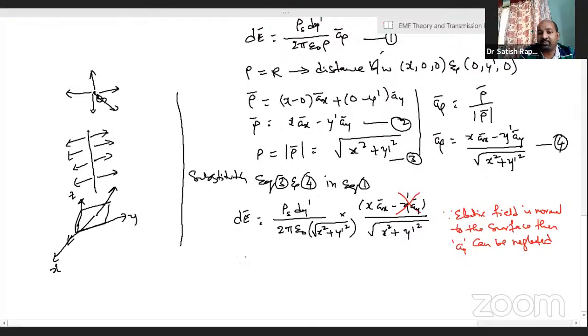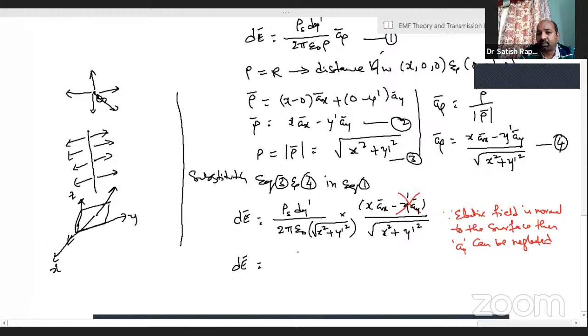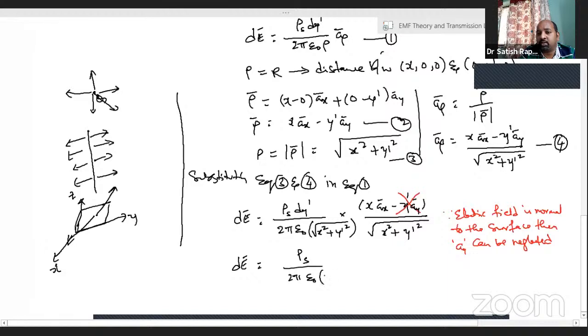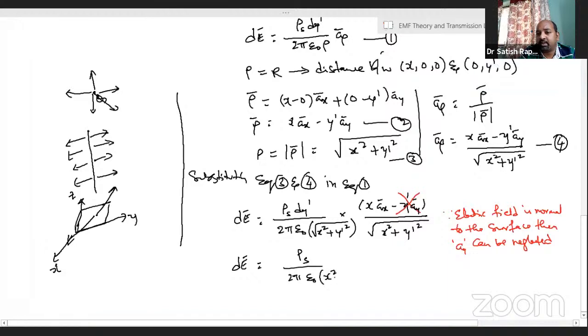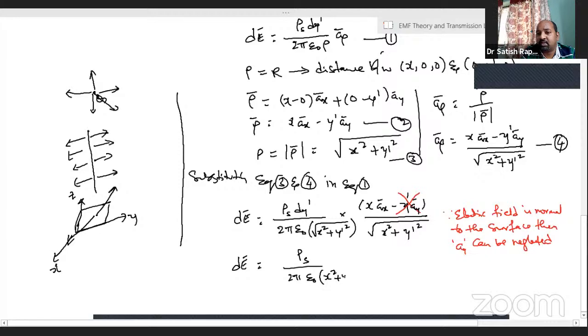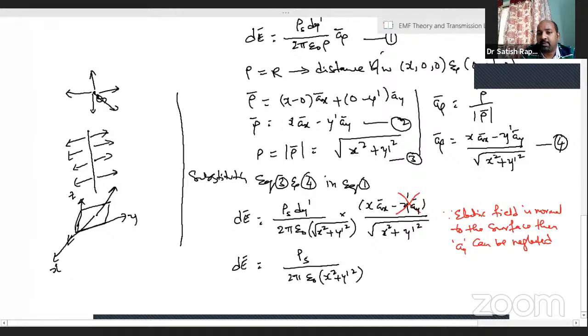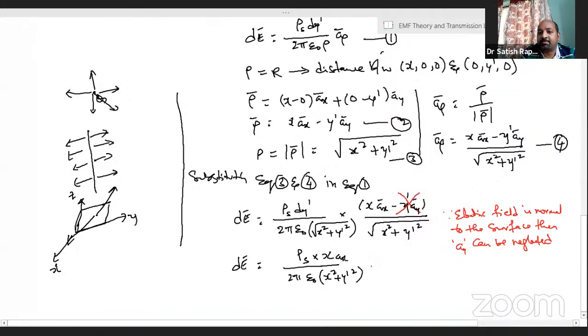So we have the simplified equation like this, is equal to rho s by 2 pi epsilon naught, x square plus y dash square, into x ax bar.